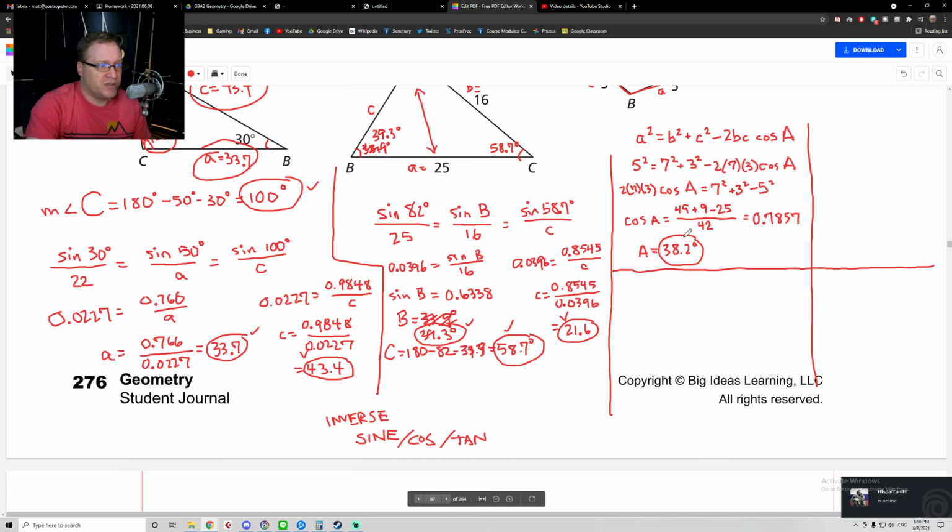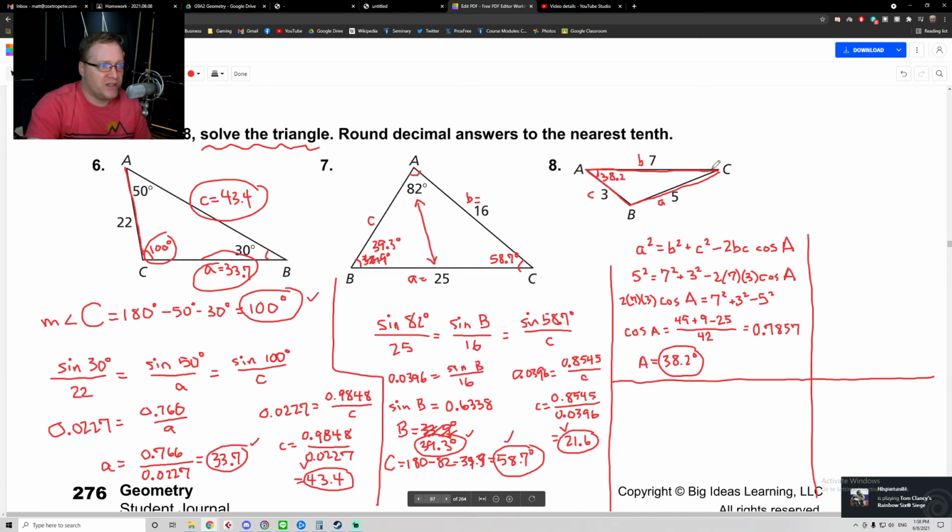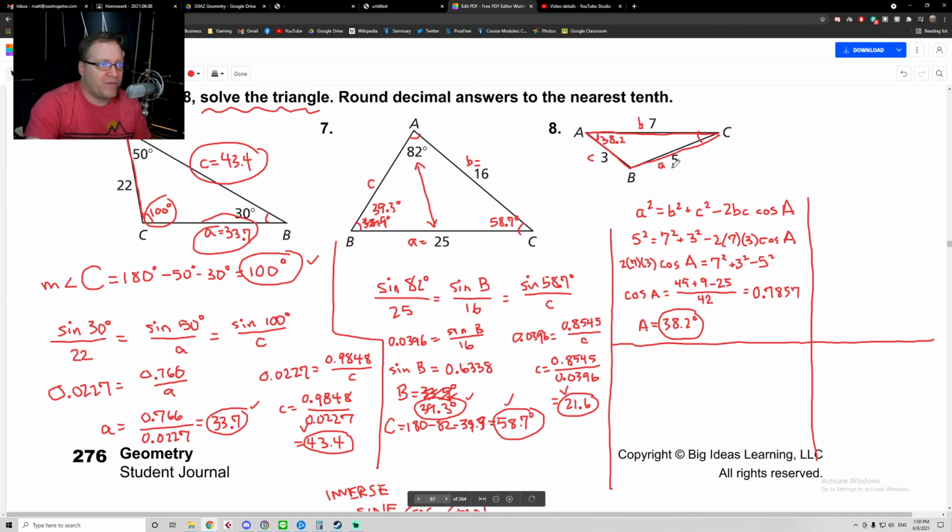Now we also need to find this angle. But now we have opposite angles, opposite parts. We have 5 over here, and the opposite angle is 38.2.